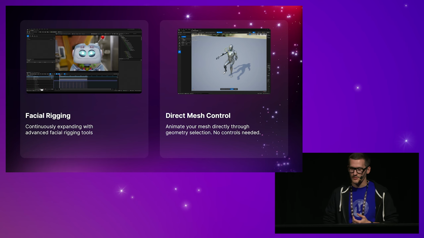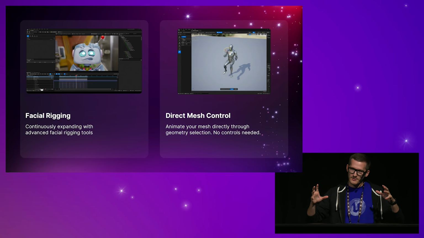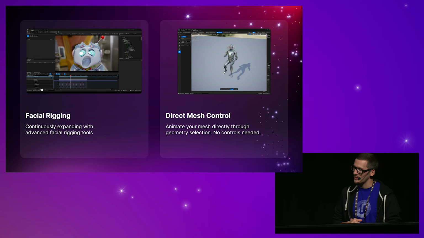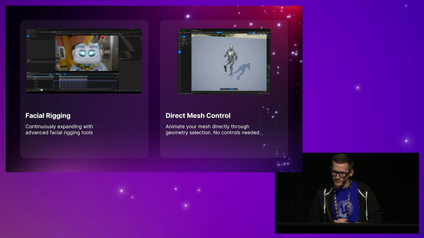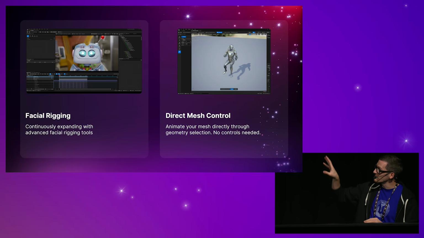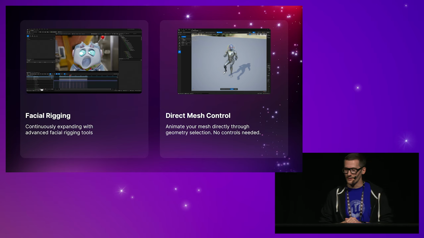So that's also kind of the future, really helpful because sometimes you have too many controls and it might be difficult to handle everything. So direct mesh control is coming, and it's also based on the skeletal mesh editor, and you will be able to create your logic quite easily.